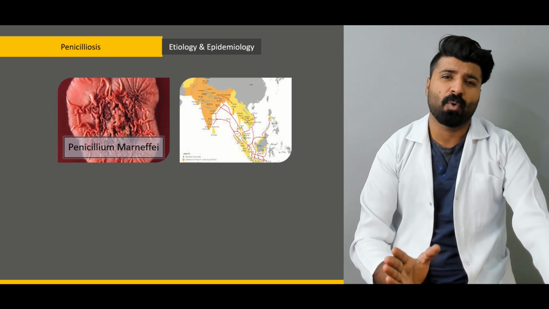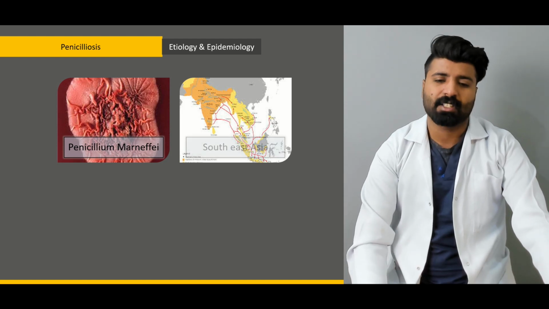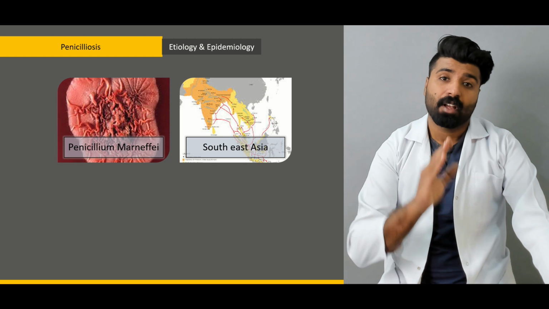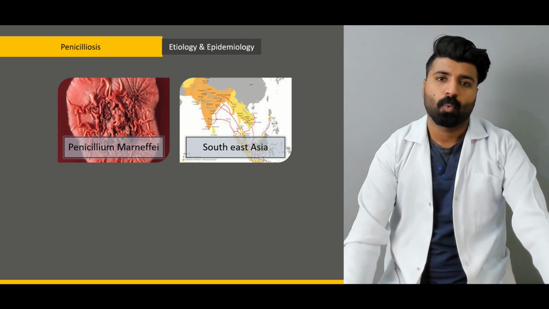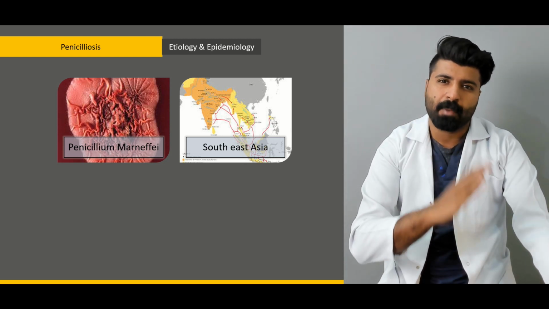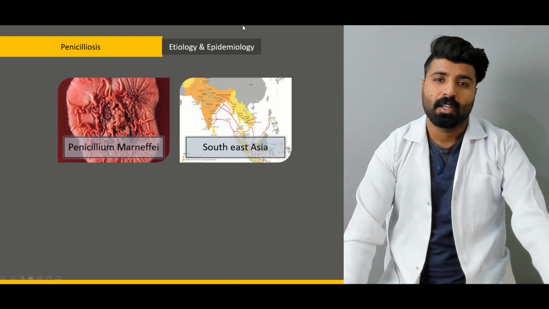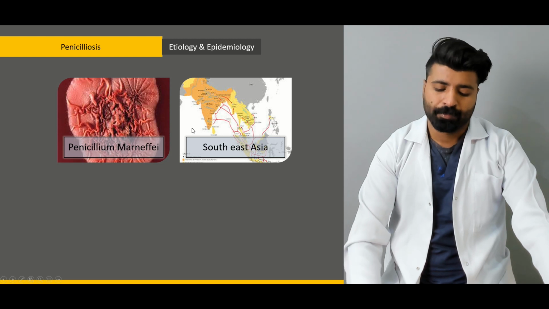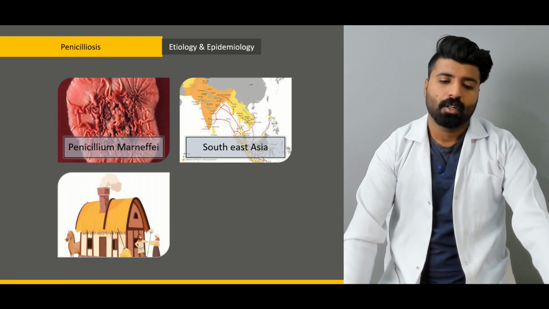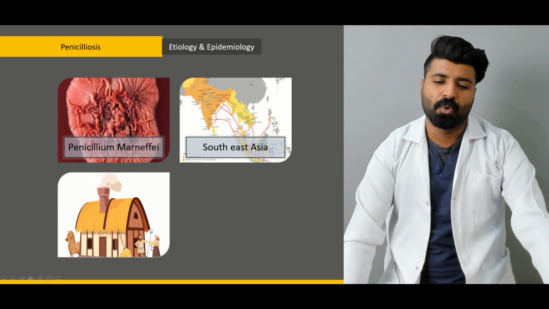It's also found in Northern American sites, in Southern American sites, and along with them, South Asia. We talked about that it's more found in American countries, but this is the only pathology, this penicilliosis, which is found in South Asia too. Next on, what's the causative organism? You know, this is a farmhouse.